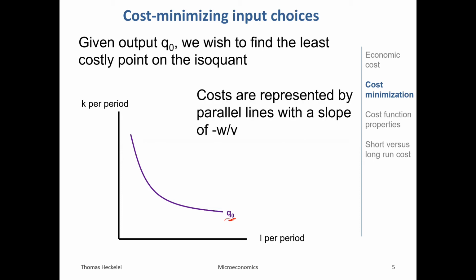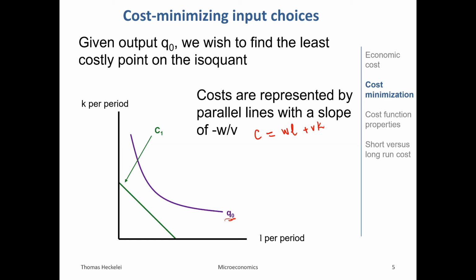Now, how would the cost line look on this graph? It's represented by parallel lines with a slope of minus W over V. Why? Remember, the cost is C equal to WL plus VK, right? And remember with the budget constraint, to draw a line, we need to arrive at a line equation.